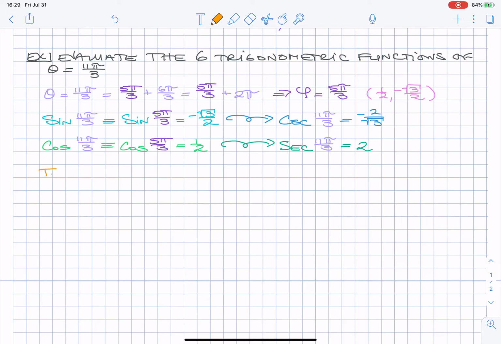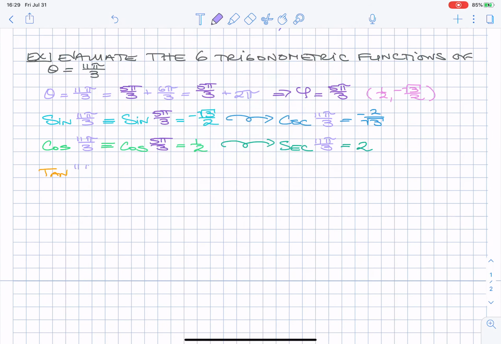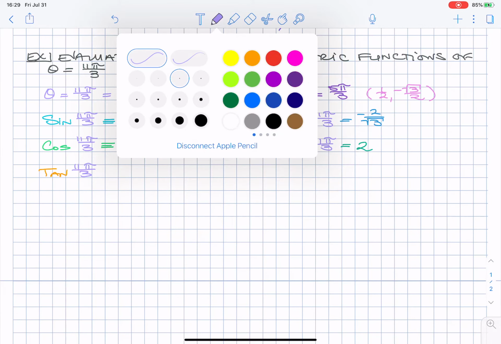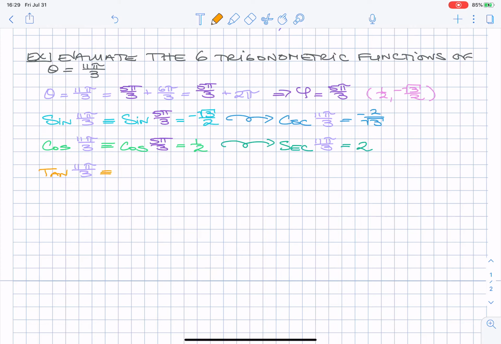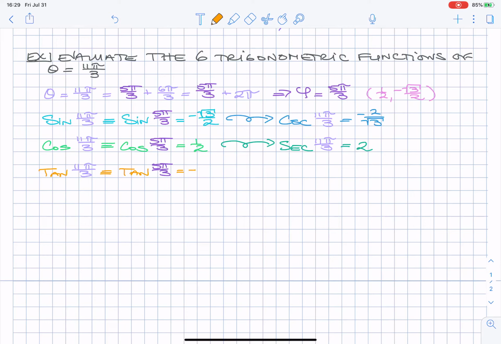So tangent of 11 pi over 3 is going to be equivalent to tangent of 5 pi over 3. Okay, and that's just a quotient of the two numbers above, so that's minus root 3, because the 2's reduce.